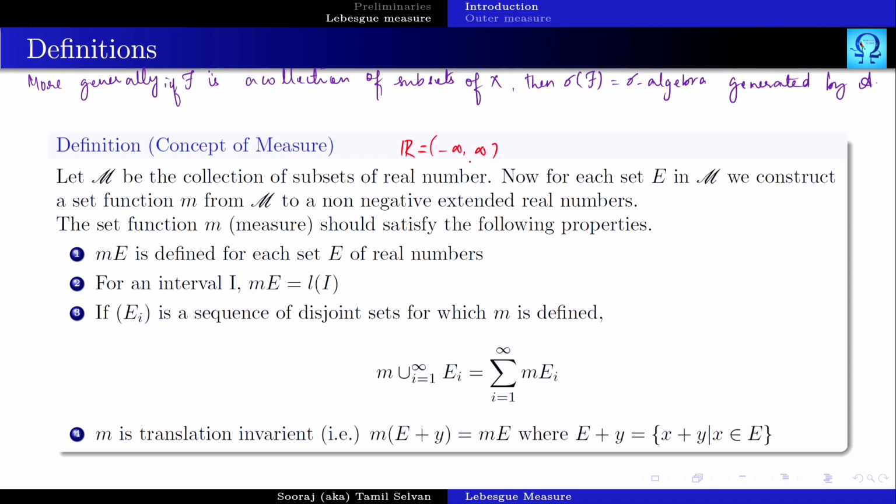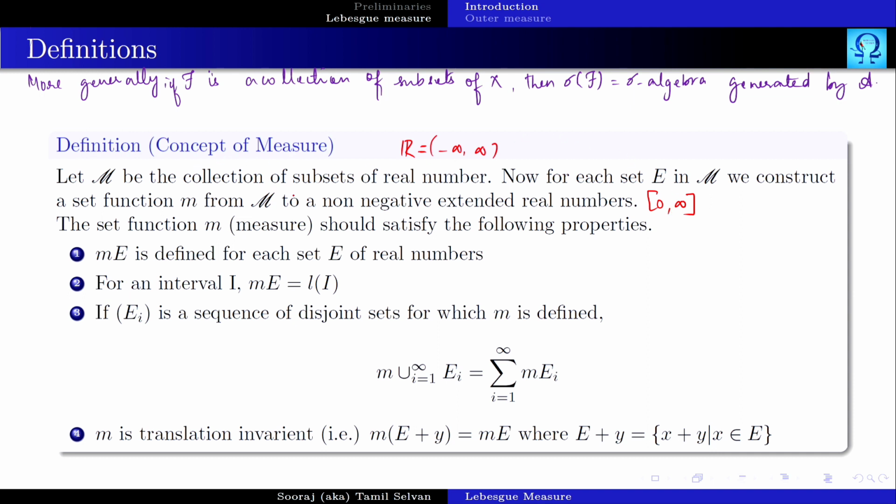For each set in the script M we are going to associate a non-negative extended real number. Extended real number means, and here it is saying non-negative extended real numbers, which means we include 0 as well as we include infinity.